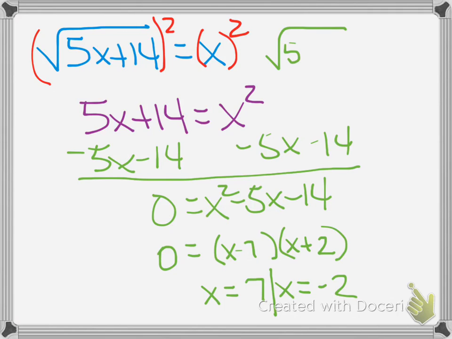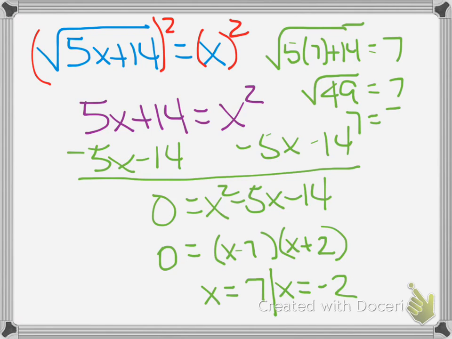So again, since we raised both sides to an even power, we've got to check. Ladies and gentlemen, I need you to evaluate the left side. What is 5 times 7 plus 14? And the square root of 49? Therefore, is 7 a solution?